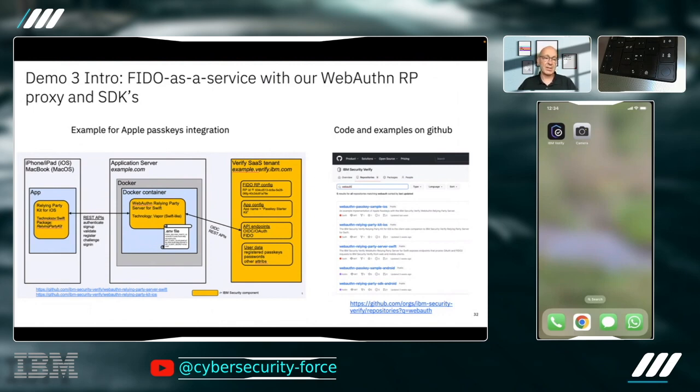That app then has a simple SDK that will launch REST APIs to a sort of gateway that will convert these simple REST APIs into REST APIs for the Verify SaaS. Hence, building your own relying party this way. So this is FIDO-as-a-service. It's in fact the application server example.com in this case, plus the Verify SaaS tenant that are representing the relying party.